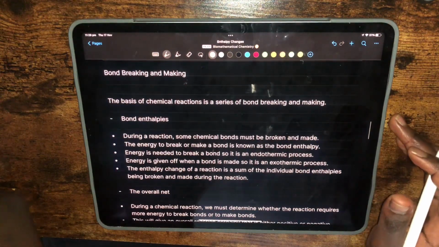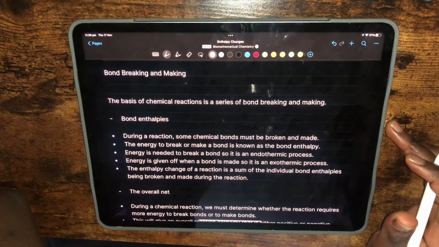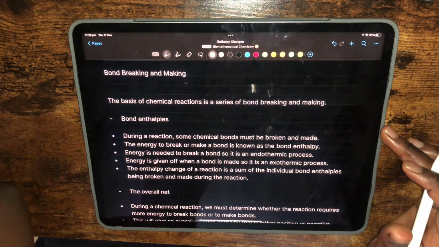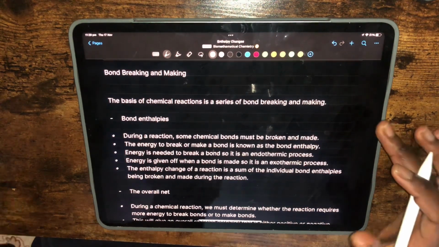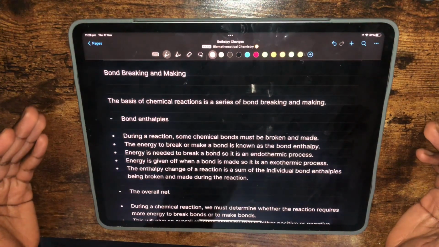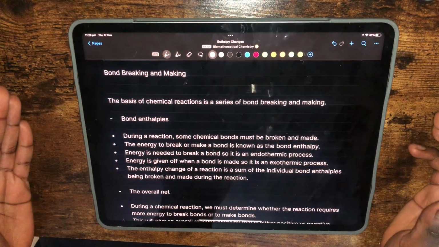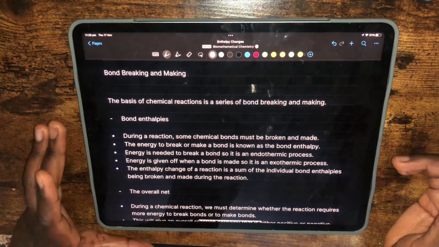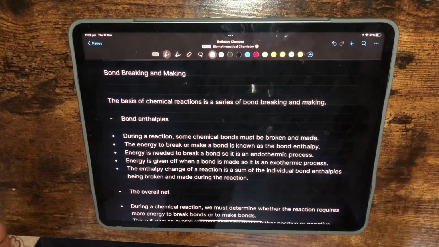So, bond breaking and making. The basis of chemical reactions is a series of bond breaking and making. So this is what I mean by it's a net, because you have parts of the reaction which are endothermic and parts of the reaction which are exothermic, and it's the overall enthalpy change that determines whether a reaction is exothermic or endothermic.